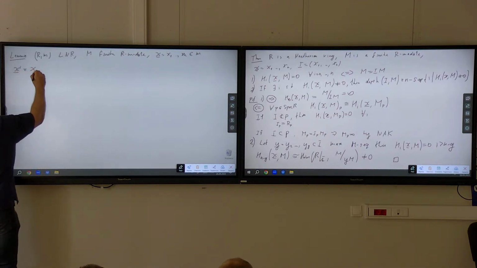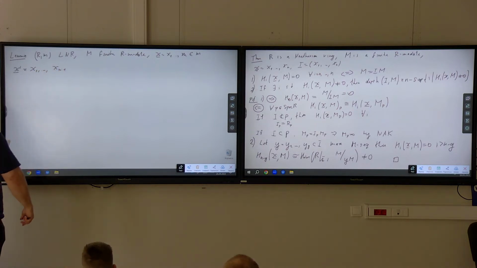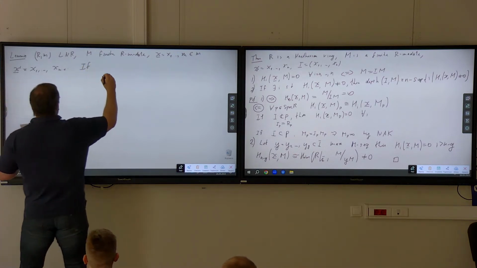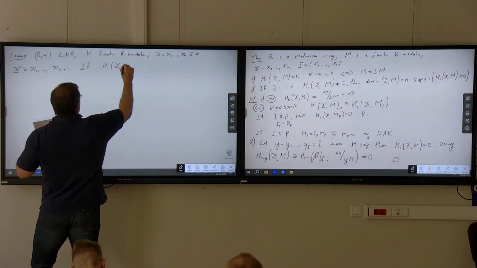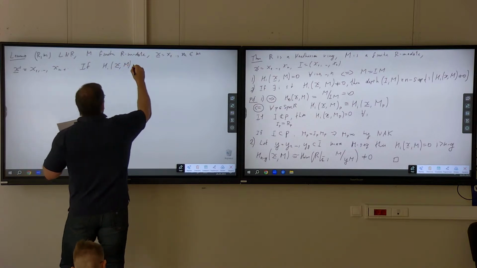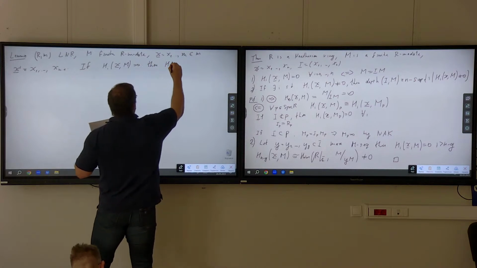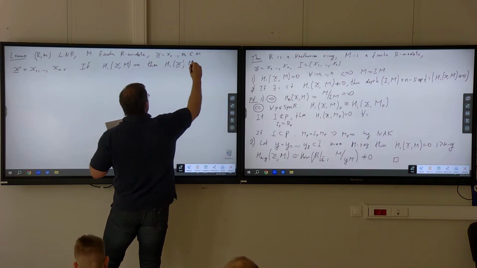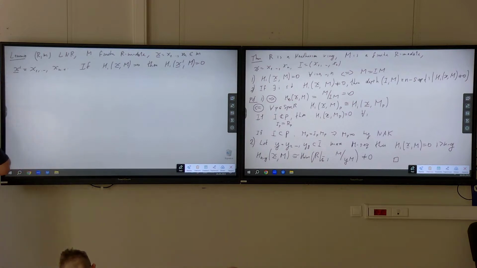This is all the elements, but the last one, xn minus 1, so I just drop the last element. So then I have the following claim. If I know the vanishing for the Koszul homology for the sequence x and some module M, then I can say that there is a vanishing for the Koszul homology for the x prime sequence and the module M. So if I drop an element from the sequence, the vanishing is preserved.